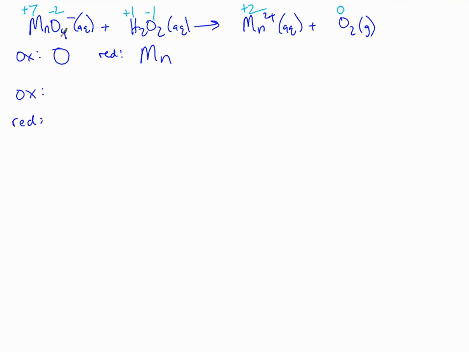It is in permanganate, but since manganese is in there too, we'll ignore it for now. This one's a little bit different. So oxidation, let's do peroxide yielding O2 gas. And then you have to figure out what's going on with the electrons.